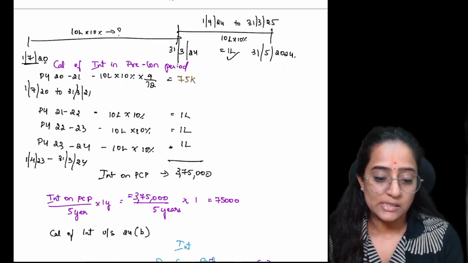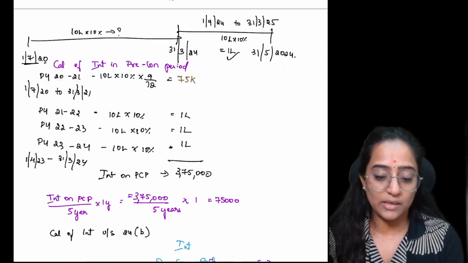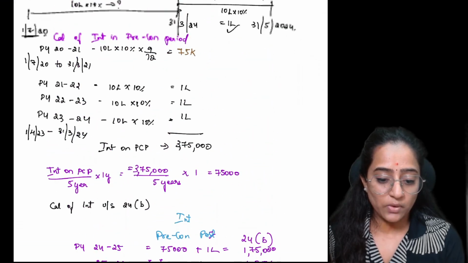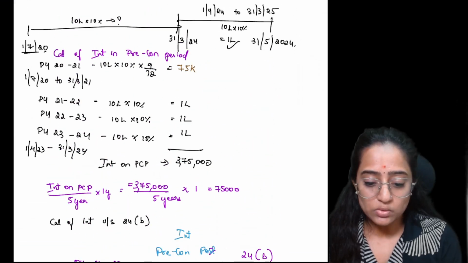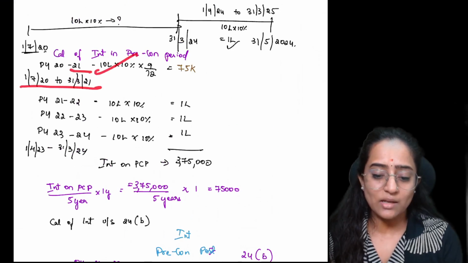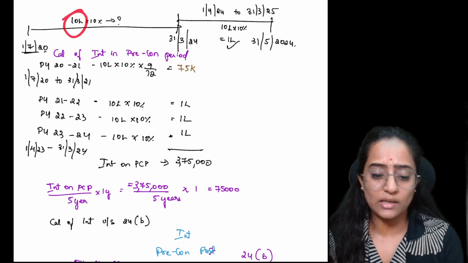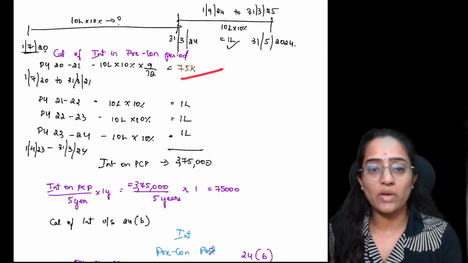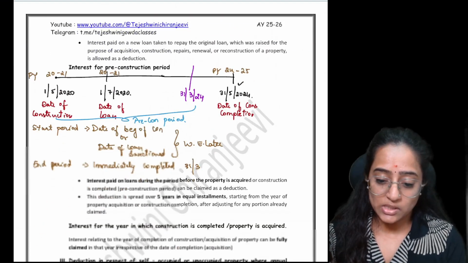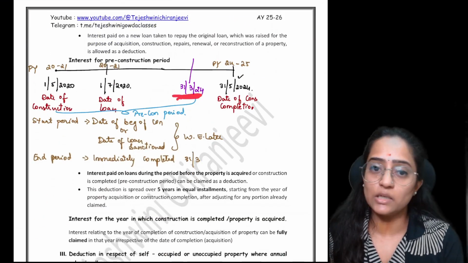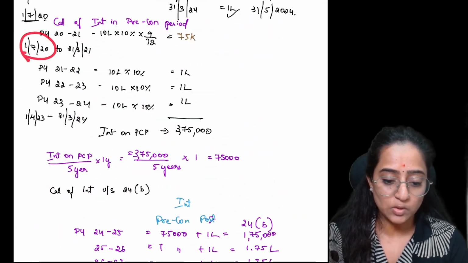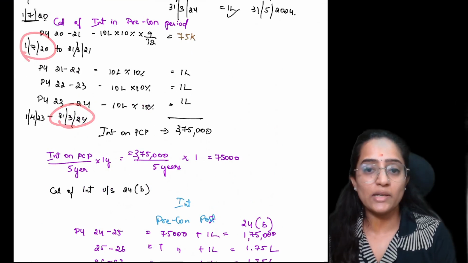In PY 2021, right from 1/7/2020 to 31st March 2021, just as an example, 10 lakh is the loan taken, 10% is the interest, and what we have calculated is 75,000 as the interest. The construction is completed, and my end period is 31st March 2024. So I have to start from 1/7/2020 to 31st March 2024.